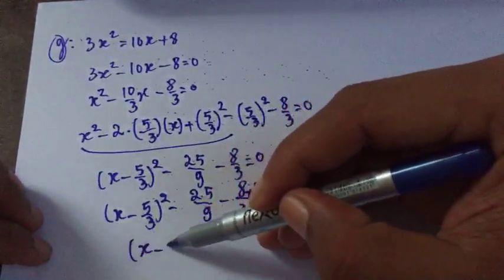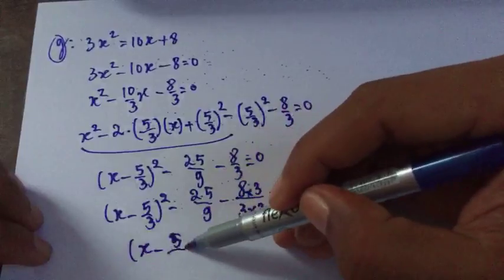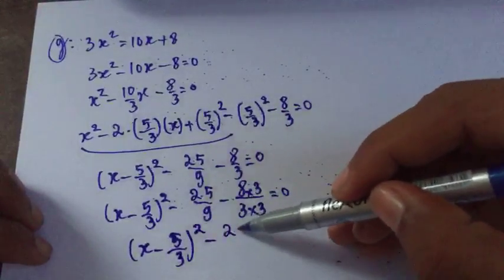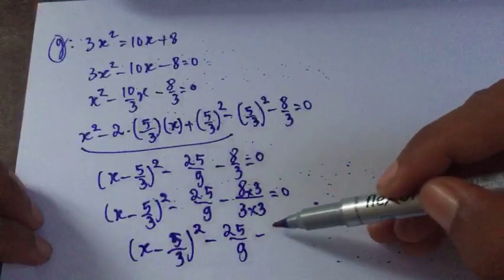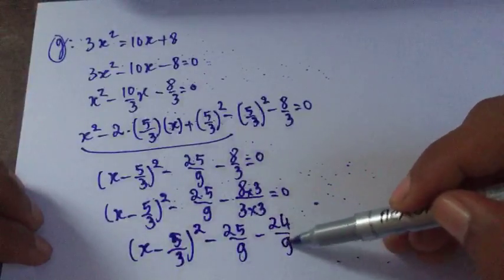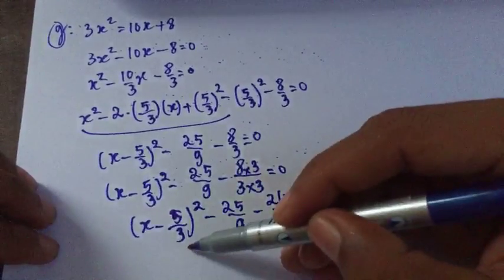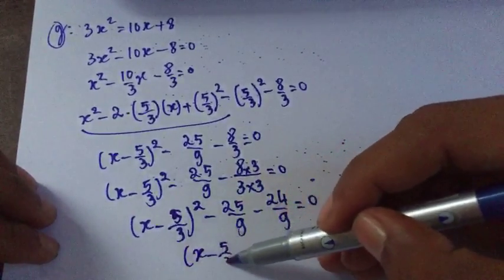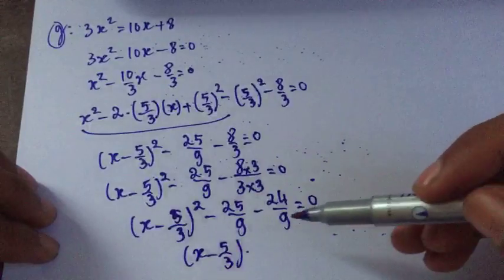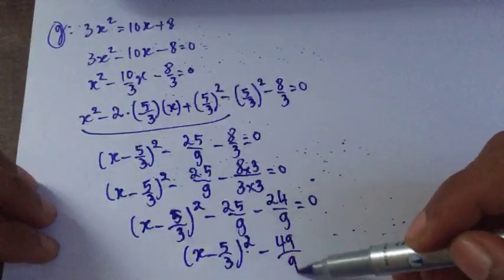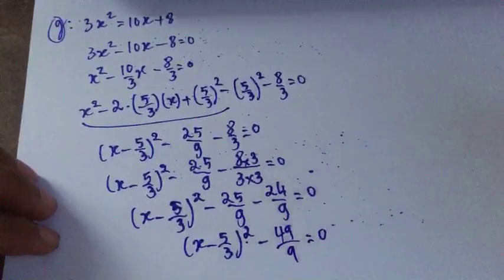You then can factorize. Minus 25 divided by 9, 24 divided by 9 equal to 0. So you get x minus 5 divided by 3 square minus 49 divided by 9 equal to 0.